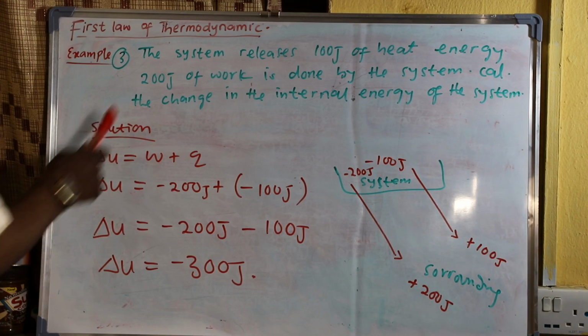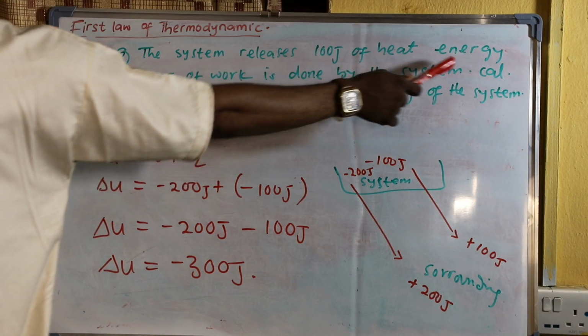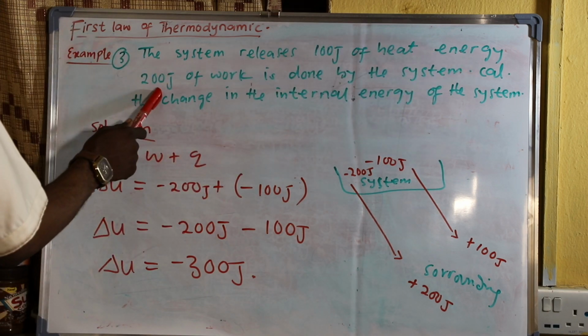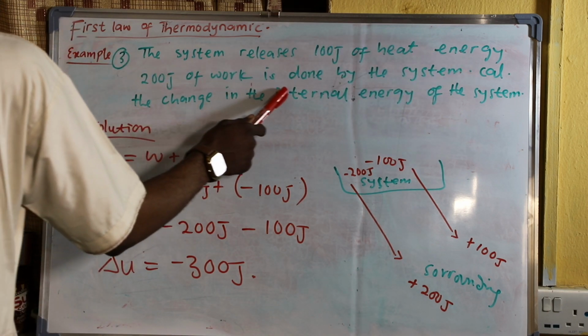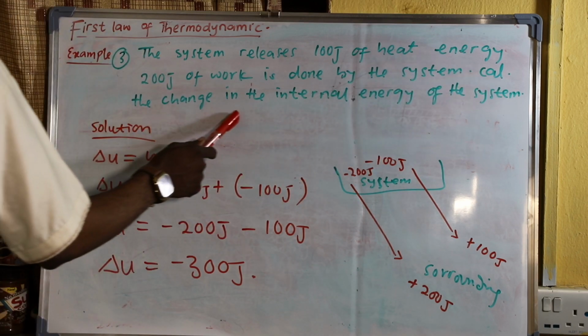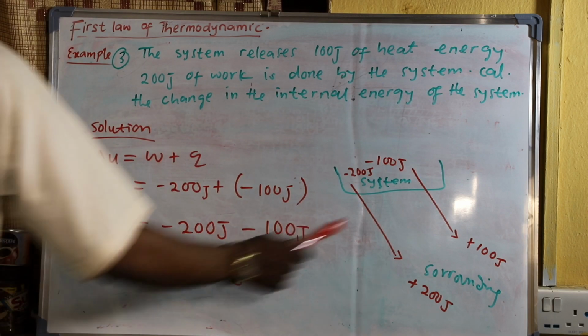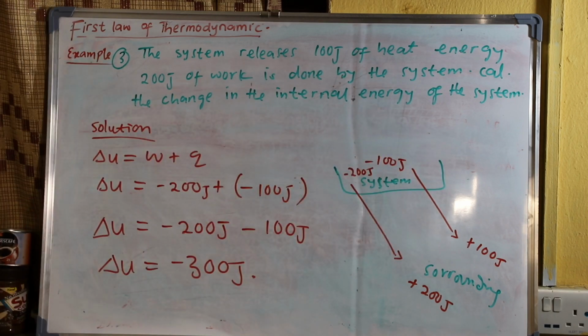Example 3. The system releases 100 joule of heat energy, and 200 joule of work is done by the system. Calculate the change in the internal energy of the system. So let's assume this as the system again.